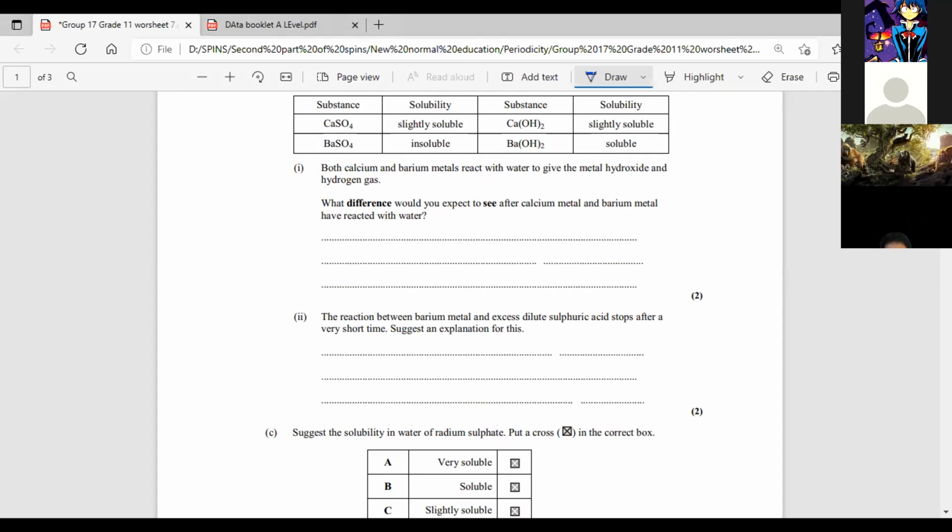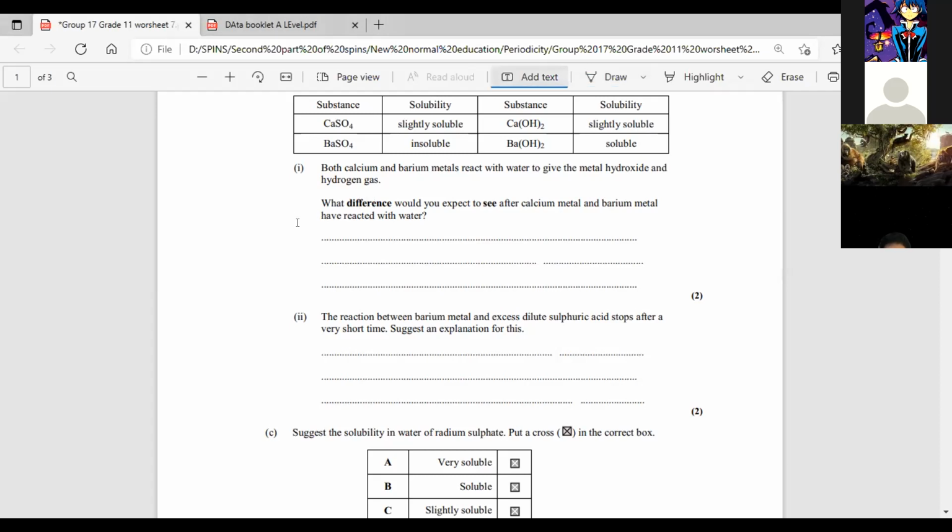So this observation is based on the visibility. Both give metal hydroxide and hydrogen gas, slightly soluble and soluble.